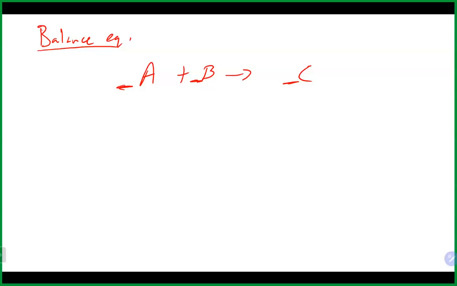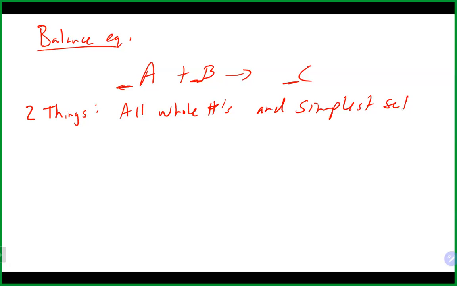When you are done balancing your equation, basically 2 things have to be true. You basically need all whole numbers for your coefficients, and they should be the simplest set of whole numbers.